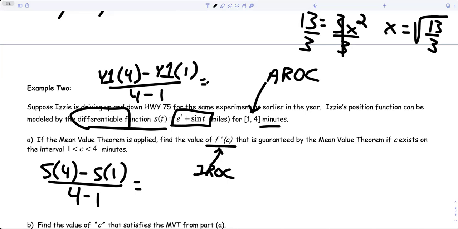But use your calculator to get that average rate of change. To do y1, you go alpha f4, and then just put it in parentheses. So it would be y1 parentheses 4 minus y1 of 1.